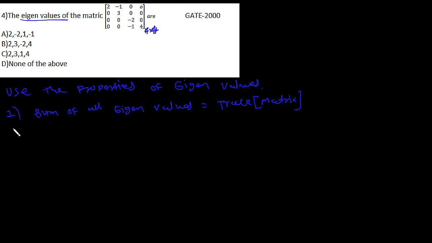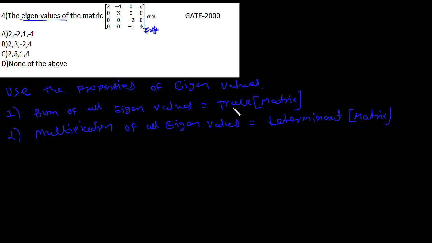That's the first property, and the second property of eigenvalues is that the multiplication of all eigenvalues gives the determinant of this matrix.